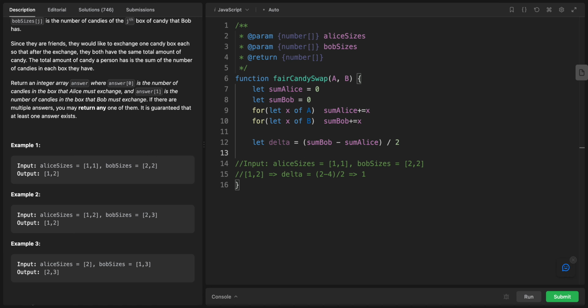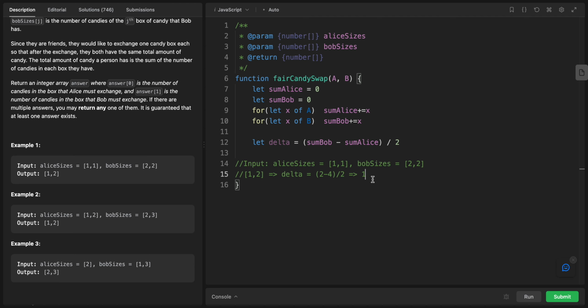Right now we know the delta. We know if Alice gave a specific number, Alice needs that number plus the delta to make sure both boxes have the same amount.